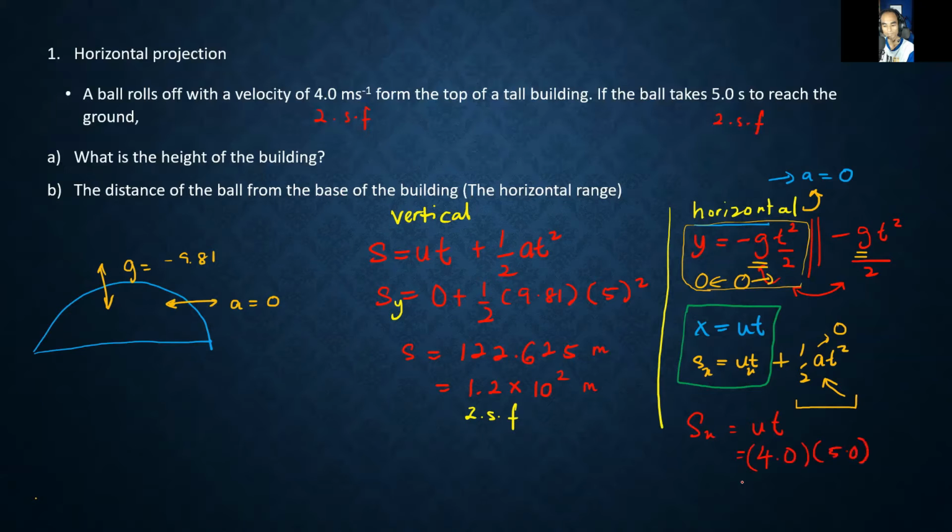So the whole thing will be 20 meter. Okay, 2 significant figures, 20 meter. So it means that from when it was falling down, it was thrown from the height of the building. So this one is 20 meter.